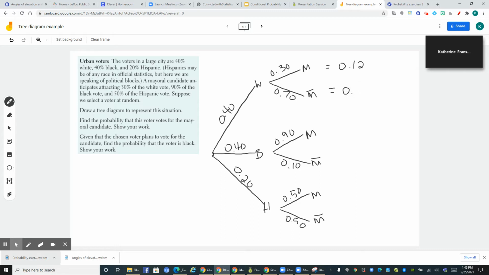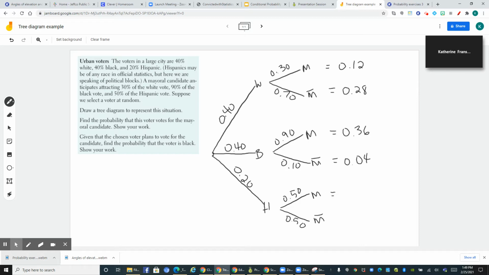So that's 0.28, a 28% chance. A voter being black and voting for this candidate is 0.4 times 0.9. So that's 0.36. Voter being black and not voting, 0.4 times 0.1, 0.04.